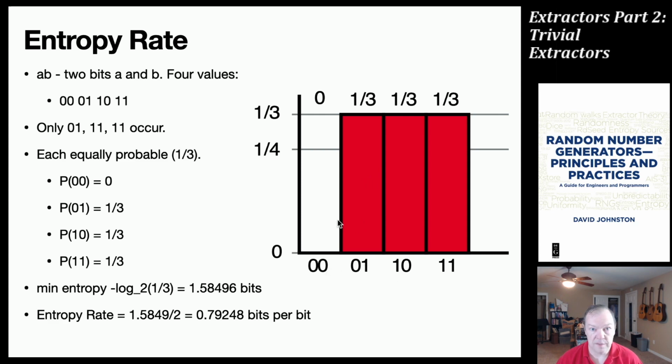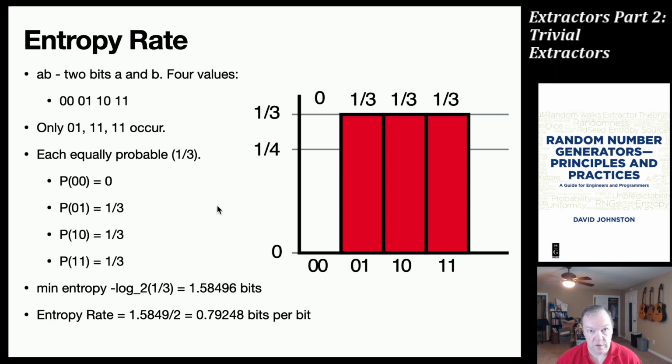And our source is outputting only 3 of them with equal probability. So the probability of getting each of these symbols is 1/3, but the probability of getting a 00 is 0. It's not going to happen. And so the probability of a 01 is 1/3, of a 10 is 1/3, and a 11 is 1/3, and a 00 is 0.